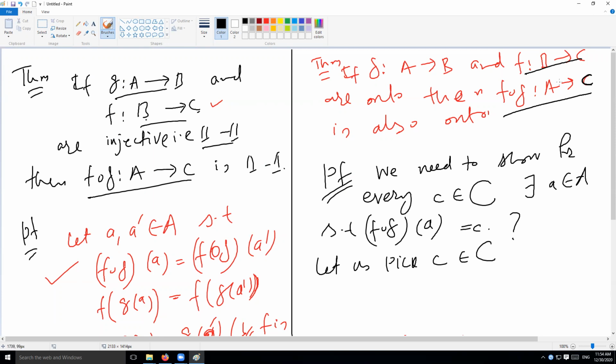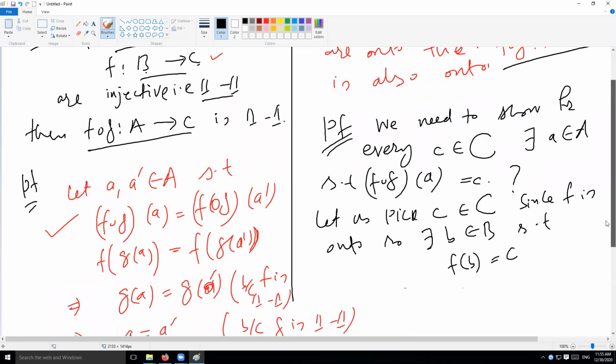So since F is onto, what can you conclude? There is a B in the domain of F such that F of B is equal to C, right?